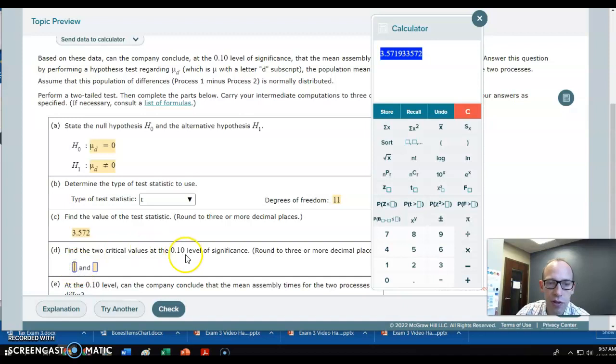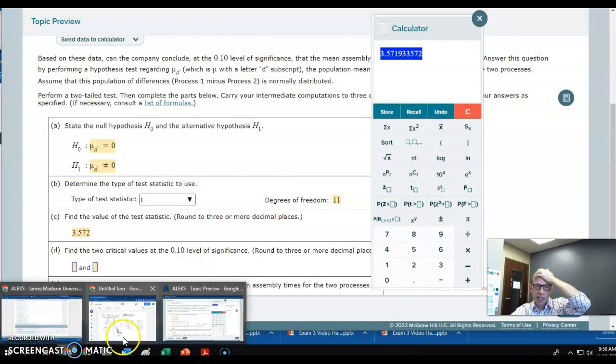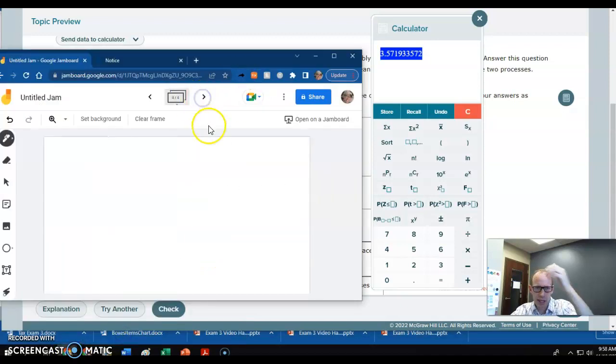Our critical values at the 0.10 level of significance. So what's going on there? This is a little tricky, so let's take a look at this picture here. So we have our distribution, and they said alpha is 0.10.